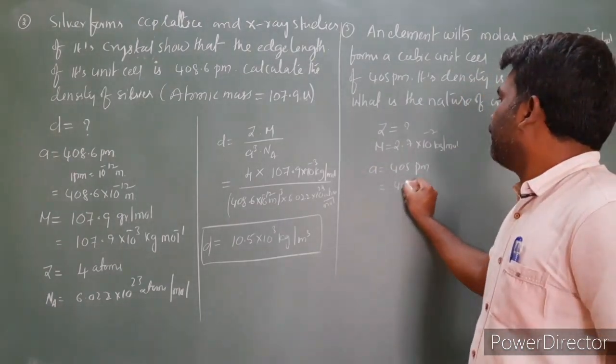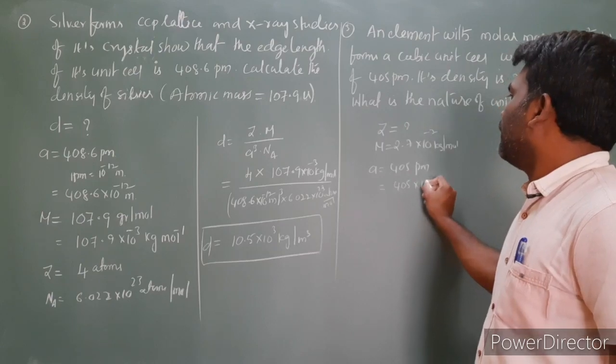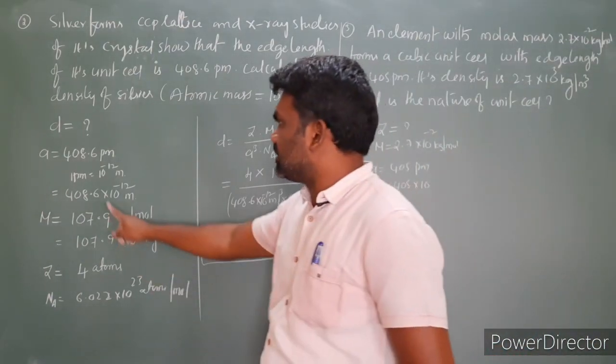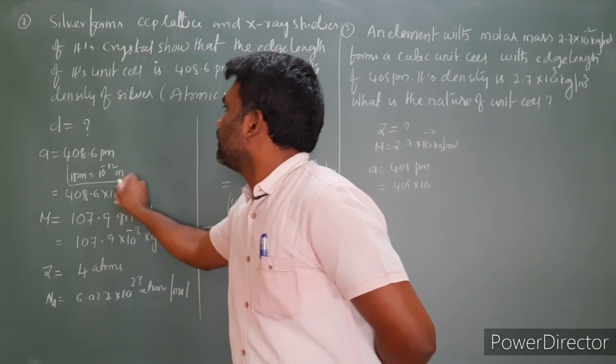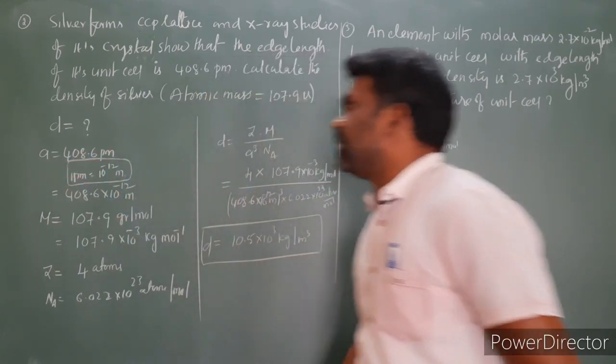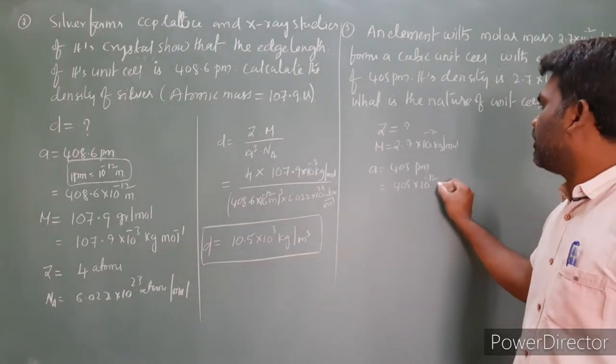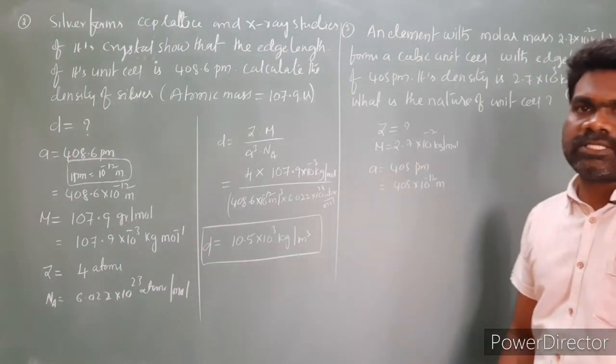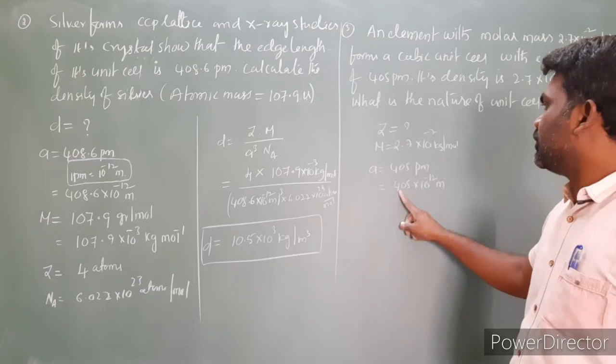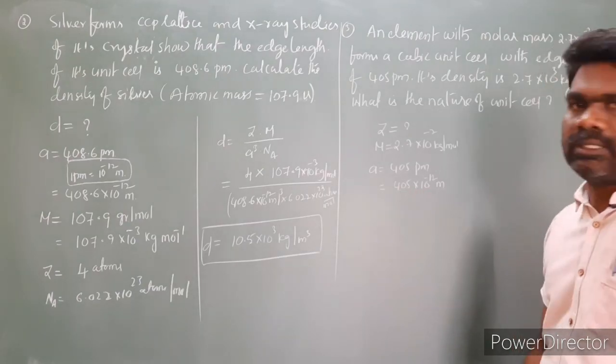That means 405 into 1 picometer. 1 picometer is equal to 10 power minus 12 meters, so A is equal to 405 into 10 power minus 12 meters.